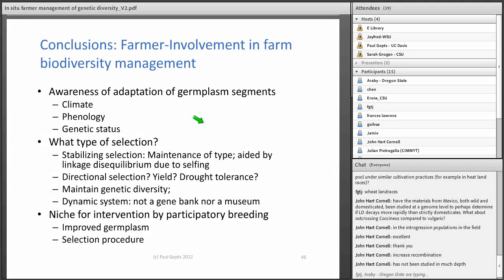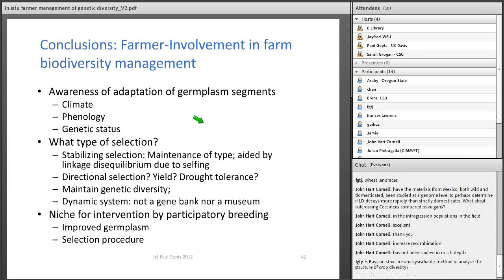We don't have any kind of LD studies with a high density of markers. The only studies we have are a fairly low density of markers. I think that there's work underway in Mexico, also in the US, and I have a proposal to study wild beans in much more detail to get at that.